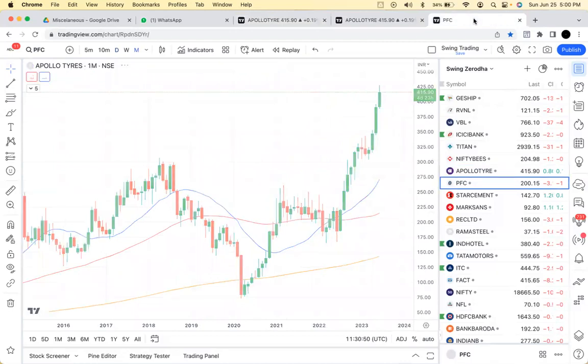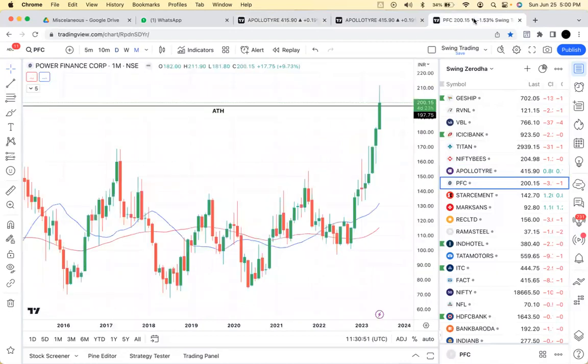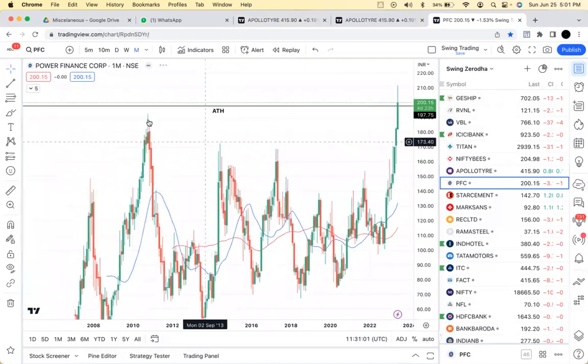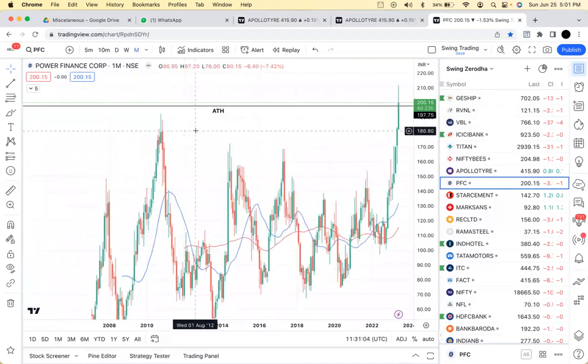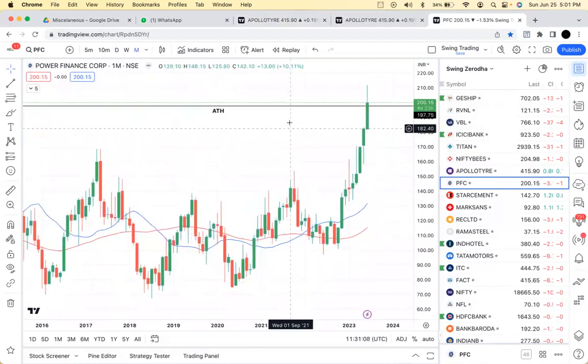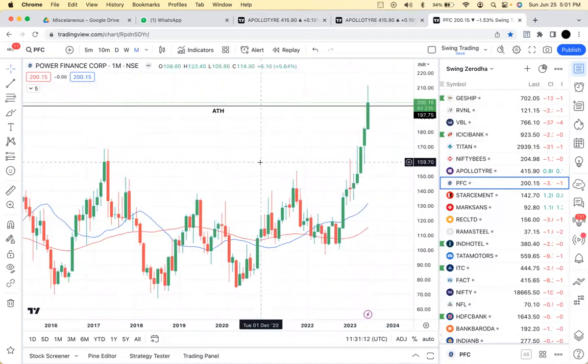Now I go to PFC. All right, Power Finance Corporation. Again, this stock on the monthly chart has been sideways for some time, and it's kind of fighting with this all-time high. See that? This is way back, but still, it's continuing to fight that. It's right now attempting to break through much further than last time.